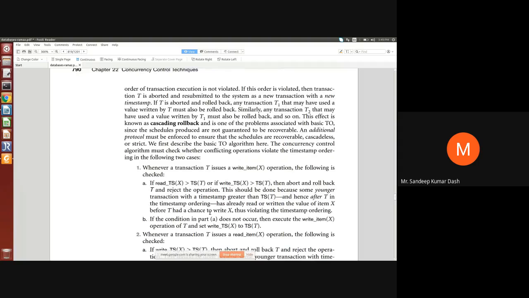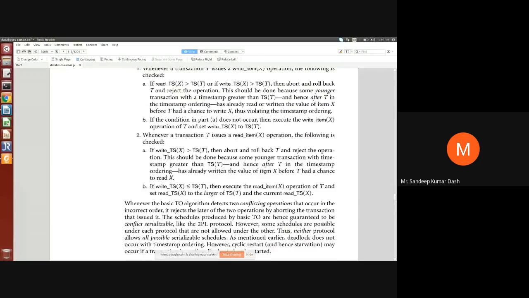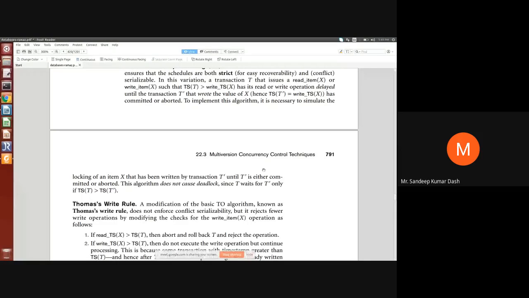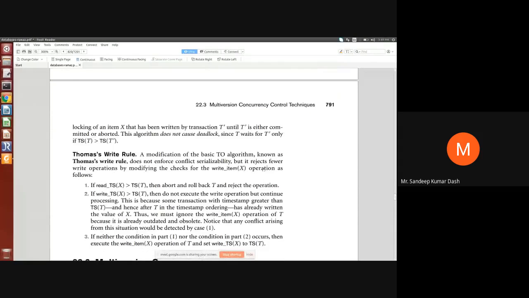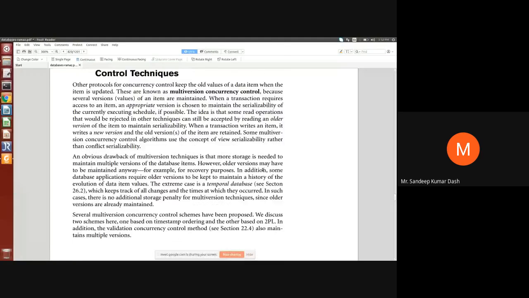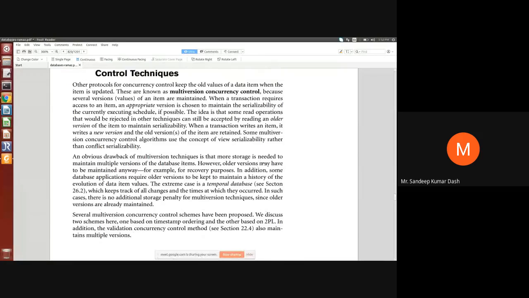There are further techniques based on this, that means when to roll back or not. These things we'll see in the next class. That will be the last class on the concurrency control part, I'll cover it at once.